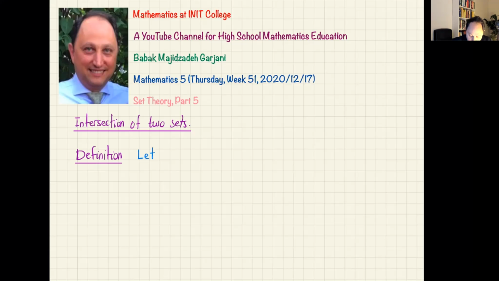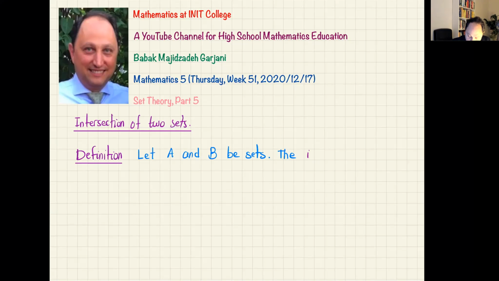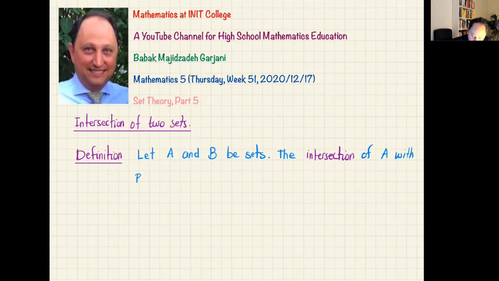Let A and B be sets. The intersection of A with B is denoted by the symbol A, and then we put this thing the other way around.